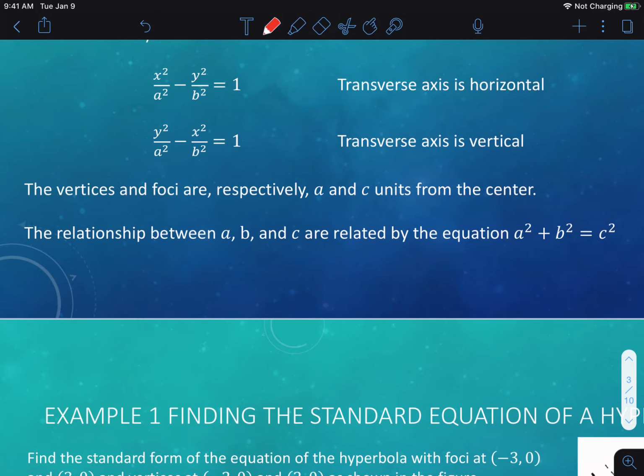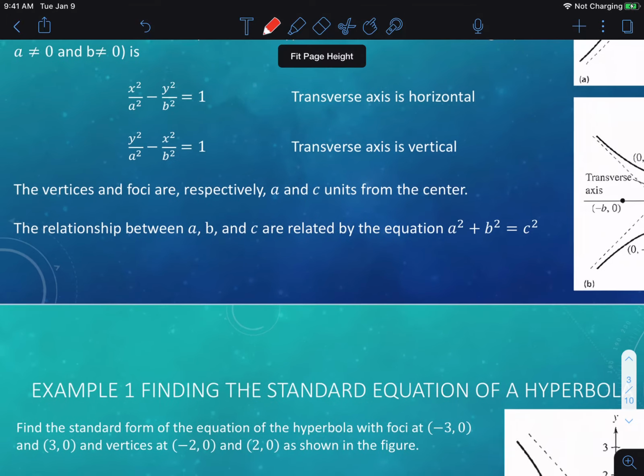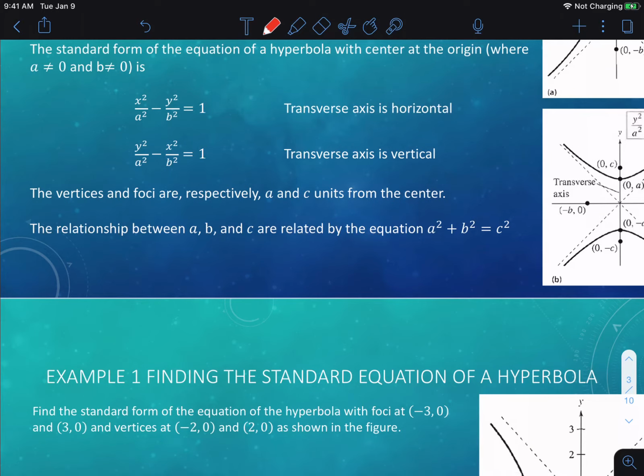The vertices and the foci are, respectively, a and c units from the center. So a is the distance the vertex is from the center, and c is the distance the foci are from the center.